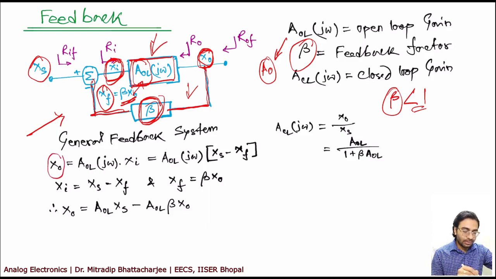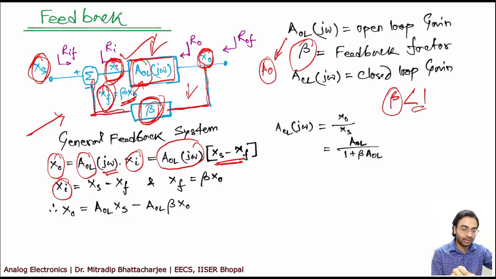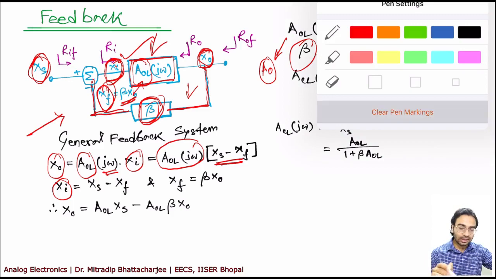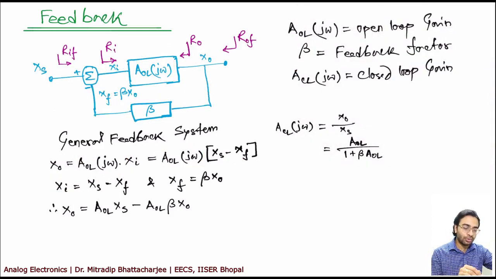And then your X0 will be A0L(j omega) into Xi. Xi is your input. So it will be A0L(j omega) into (XS minus XF), because your Xi value is XS minus XF. So it is a negative feedback. What it is doing is actually subtracting a portion of the output from the XS value to make the input to A0L.